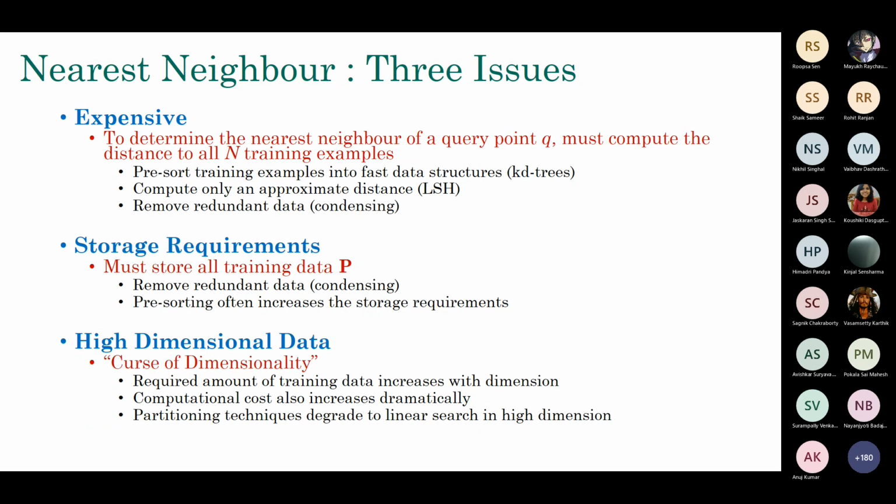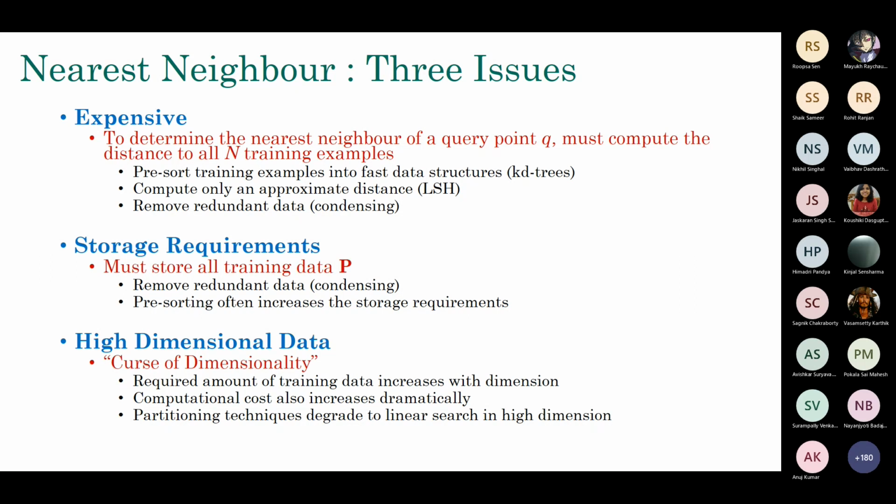Now, just to wrap up, in nearest neighbor, there are 3 broad issues. First of all, we already discussed this is an expensive thing because you have to determine the nearest neighbor from the training samples. One way that you could handle this is to pre-sort training examples into a fast data structure. One data structure that is very popular for approximate nearest neighbor is called KD tree.